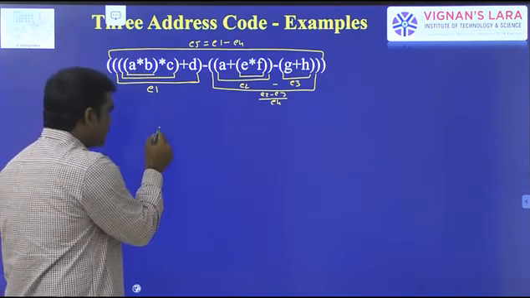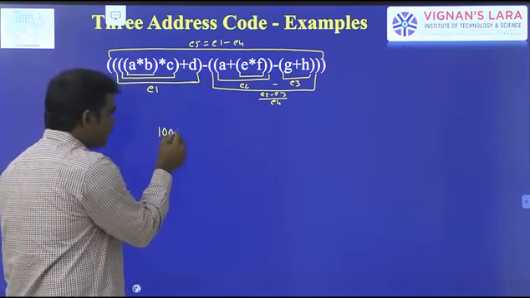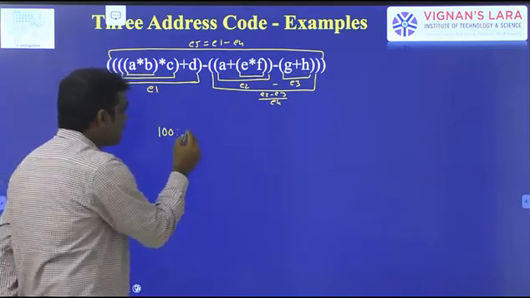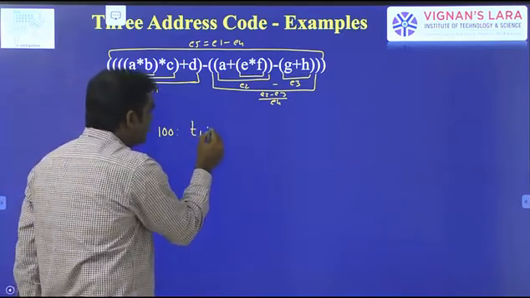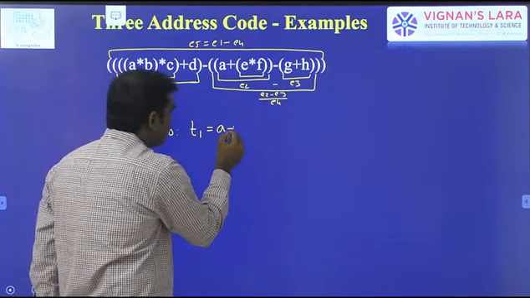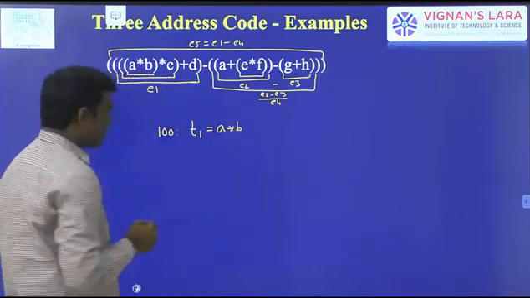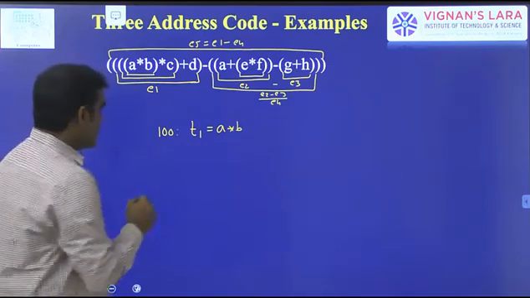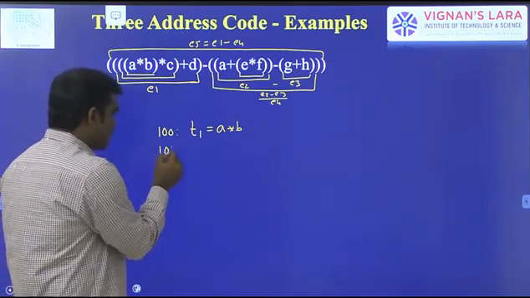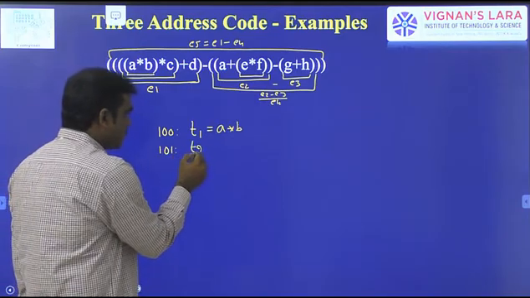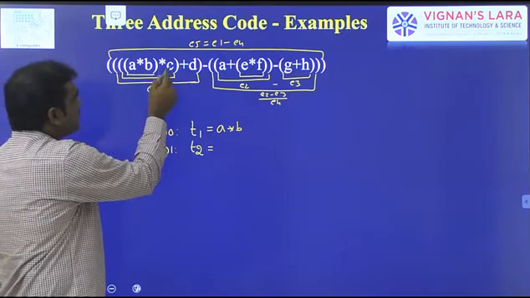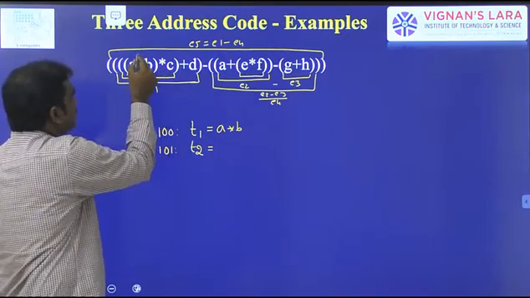Suppose it starts with 100 address. What is the first statement? A star B. It is already in 3 underscore form. So T1 equal to A star B. Next location, 101. Temporary variable T2 equal to, what is the next one? Multiplied with C. Already this part is T1.